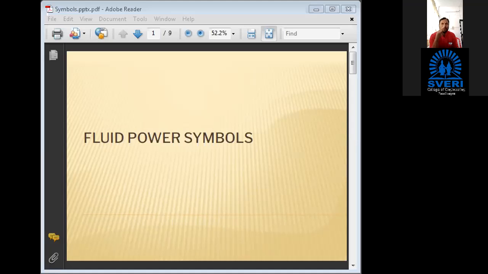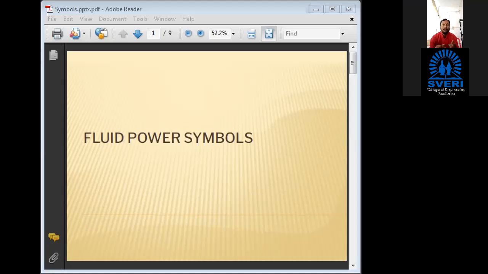In line with that, we should know the symbols used in every industry wherever hydraulic and pneumatic systems are used. In the drawing or in the design, they do not show the actual image or actual design of any component; they show the standard symbol of that component.